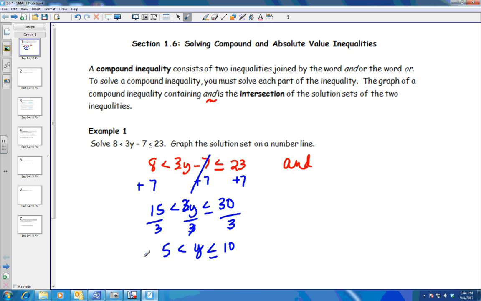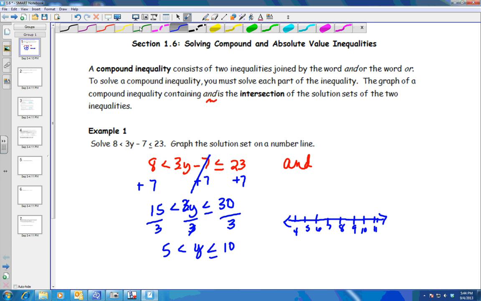Now, this is a compound inequality, and we graphed some of these yesterday. If I had a number line going from 4, 5, 6, 7, 8, 9, 10, 11, I need to graph this.